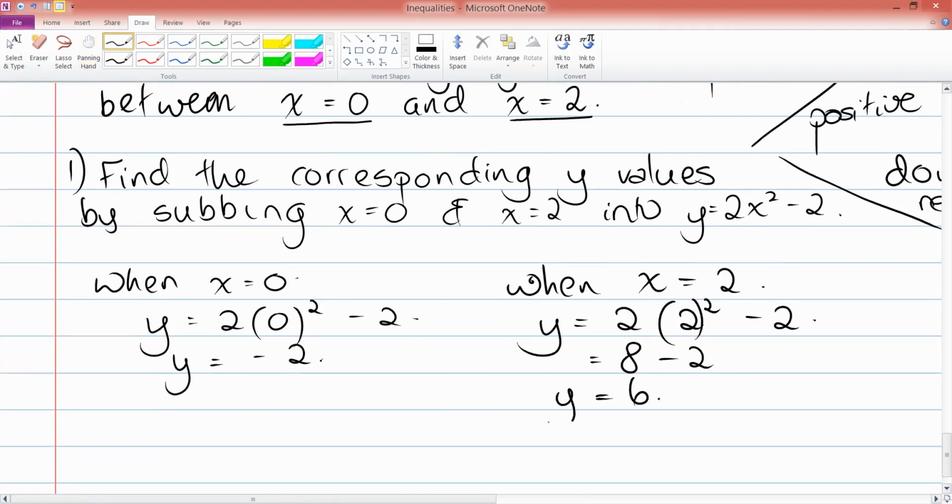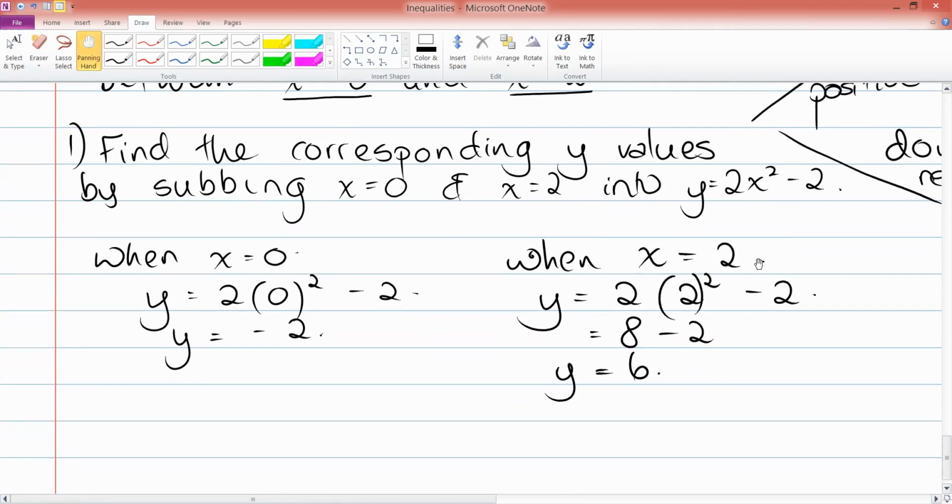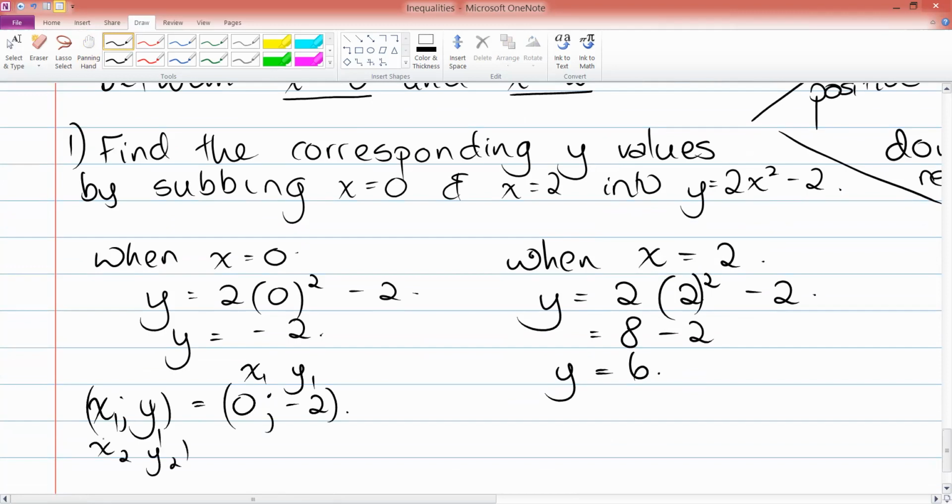All right, now you've got your points, right? The first point that we're working with, let's call that X1, Y1. When X was equal to 0, we got negative 2. So this one's your X1, this one's your Y1. Then your X2, Y2: when X is equal to 2, your corresponding Y2 value is 6.